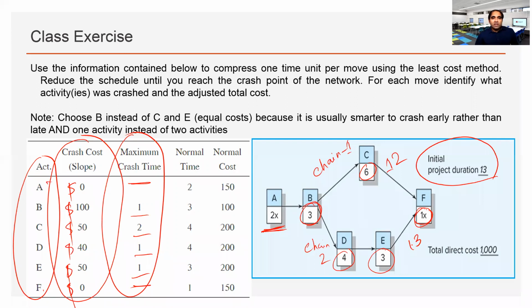Okay, now let's check. So now we will pick obviously the cheaper option. Also, in addition, that will help us in reducing project duration. So here we can see chain 2 is now critical with longest 13 days.